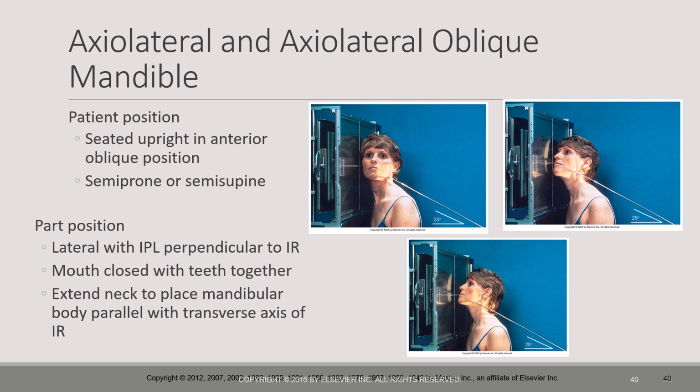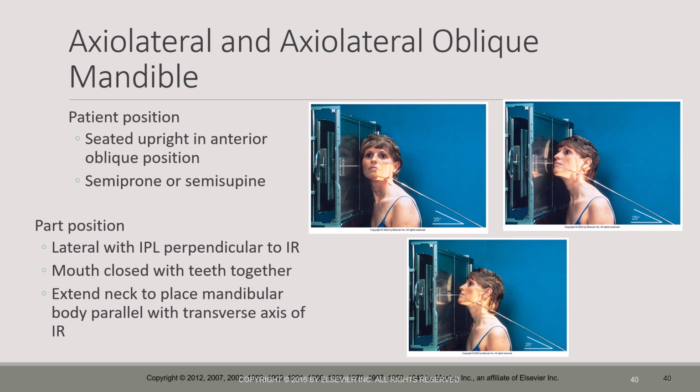Okay, all of them use a 25-degree angle to separate the side of the mandible closest to the image receptor from the side away from the image receptor. That 25-degree up angle shifts the away side superiorly so we can see the side closest to the image receptor, and you'll see that on the radiographs on the next slide.